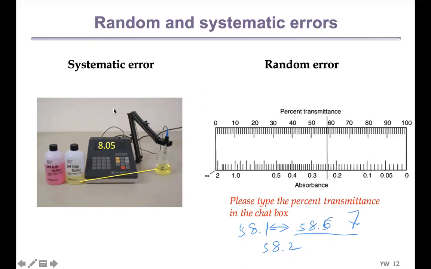So what we can see here is that the systematic error is probably a problem with the instrument. Like in this case, it probably means the pH meter is not well calibrated. So it's not giving you an accurate reading.